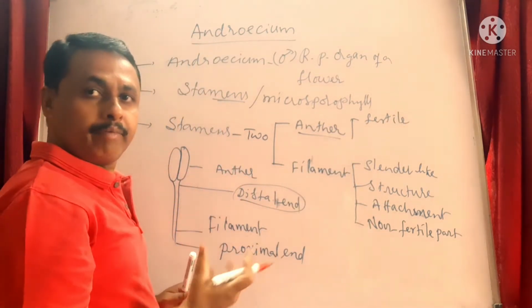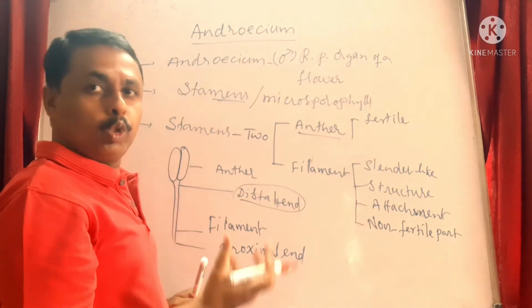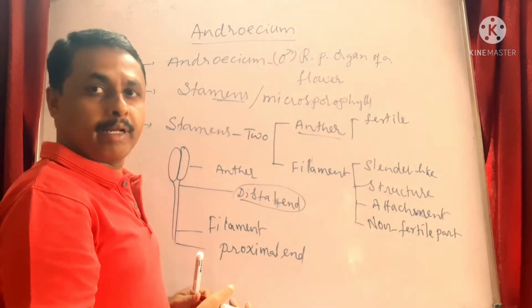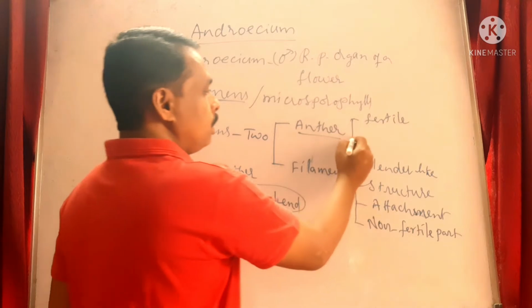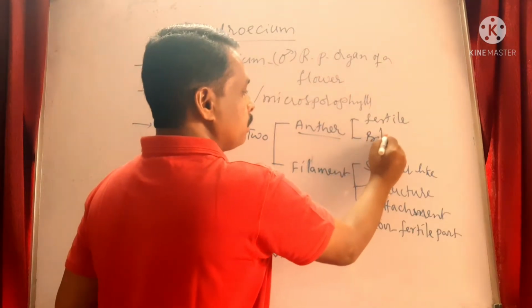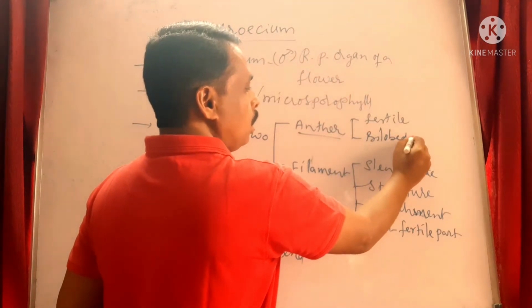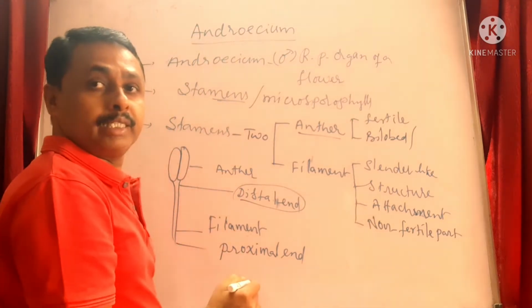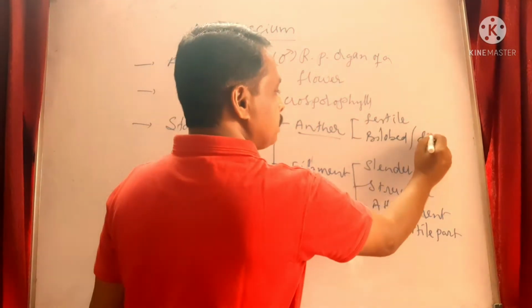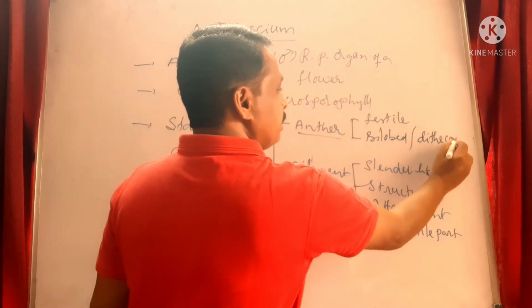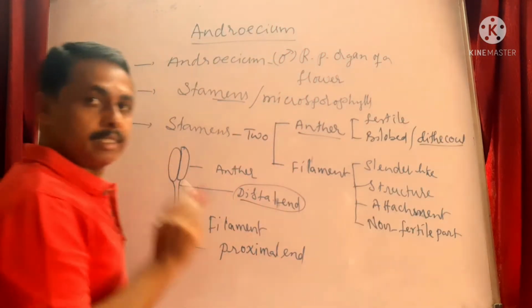Anther has two lobes in the majority of flowering plants. That's why it is called bilobed anther, or otherwise dithecous anther.